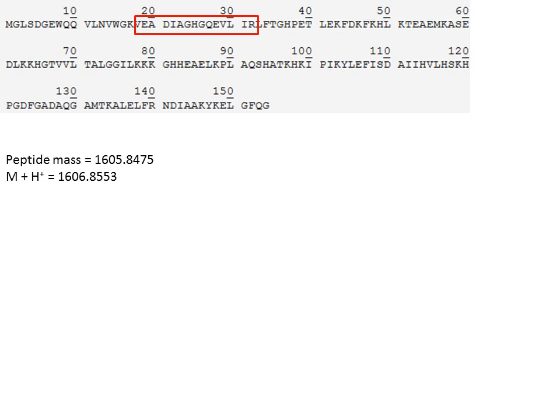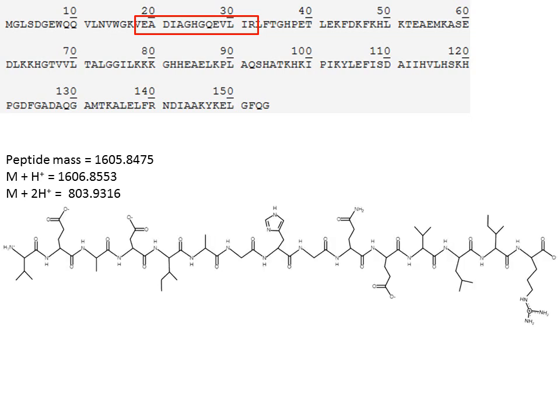While the mass in electrospray, which generates multiply charged ions, is 1605.8 plus the 2 hydrogen ions, one which attaches to the C-terminal amine, the other one which attaches to the side chain of the C-terminal arginine.